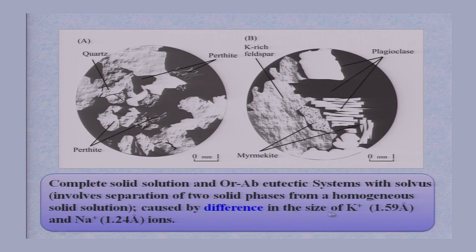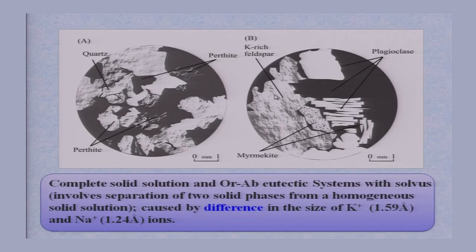So, again the difference in the size of K ions, K meaning potassium ions, their ionic radius is 1.59 angstrom, whereas sodium cations have an ionic radius of 1.24 angstrom. So, there is not much difference in their ionic radii. So, they can be replaced: Na can replace potassium, potassium can replace sodium, vice versa.